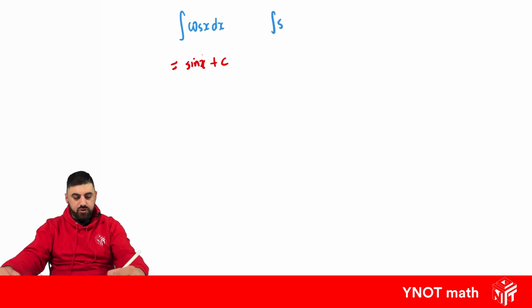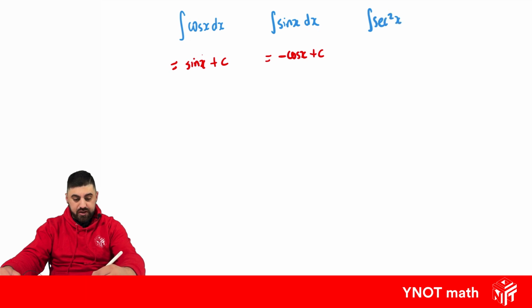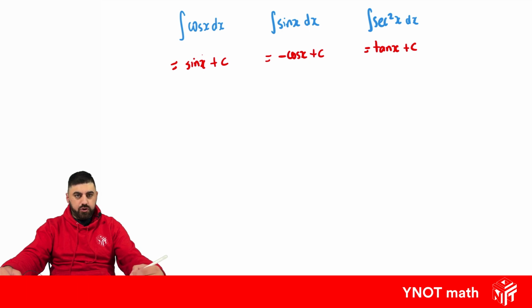If we have the integral of sin x dx, this is going to give us minus cos x plus a constant. And if we have the integral of sec squared x dx, this is going to give us tan x plus a constant.